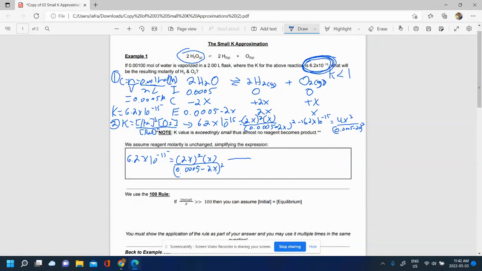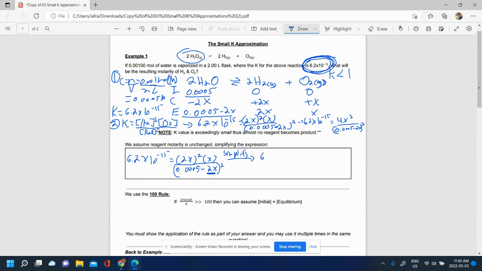We could simplify and say, well, the K value is so small, essentially our reactants are favored, so it's almost like we're not losing any reactant. We are losing some, but barely any. So this value here would be 0. We could assume that the concentration from the beginning for the reactant is going to be roughly the same at equilibrium. There will be some changes, but such small changes that it's almost like we won't even notice it.